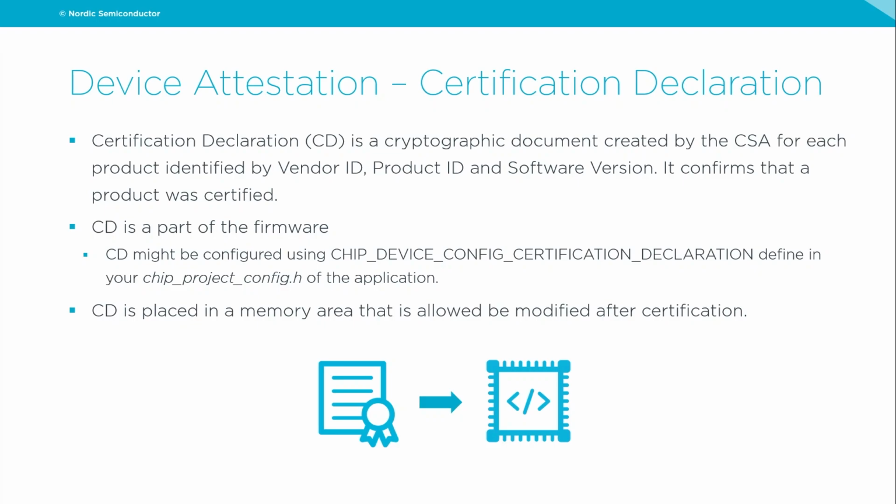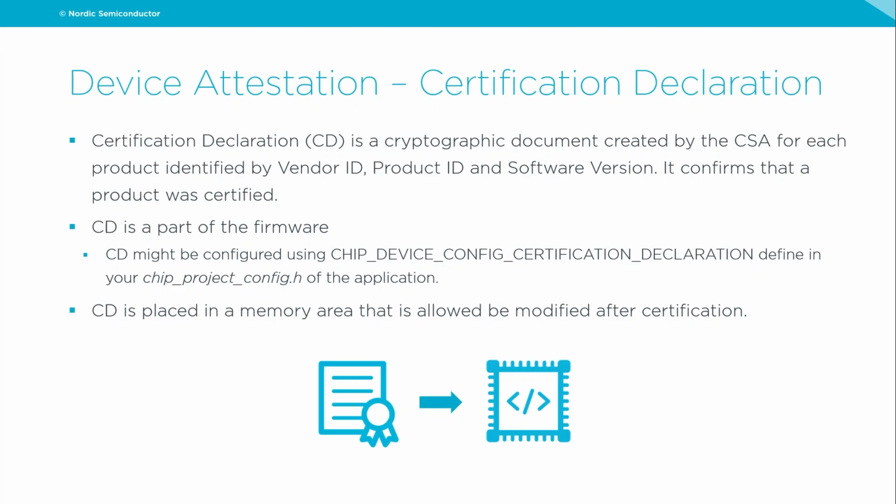After you pass Matter certification with your product, you will receive a certification declaration, CD, from the CSA. It is a statement signed by the CSA PKI stating that the product identified by a vendor ID, product ID, and the software version has passed Matter certification.